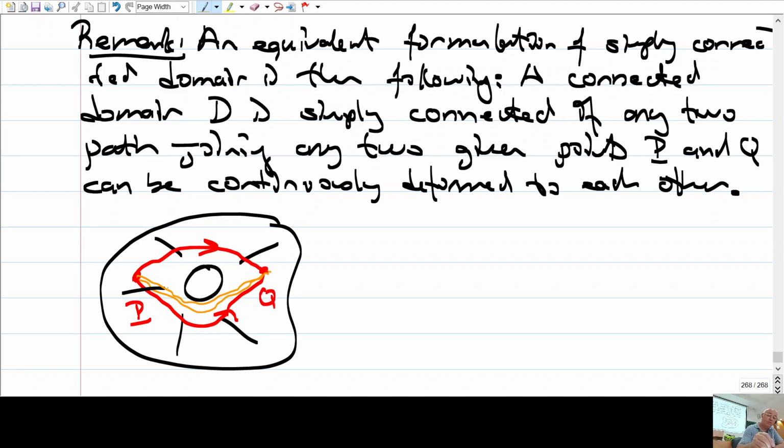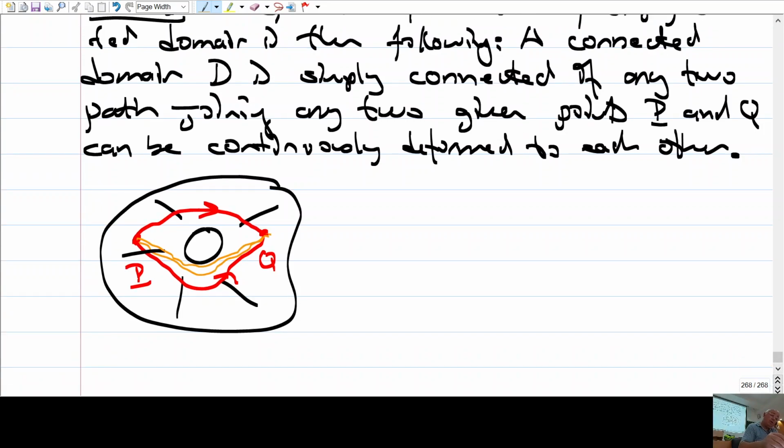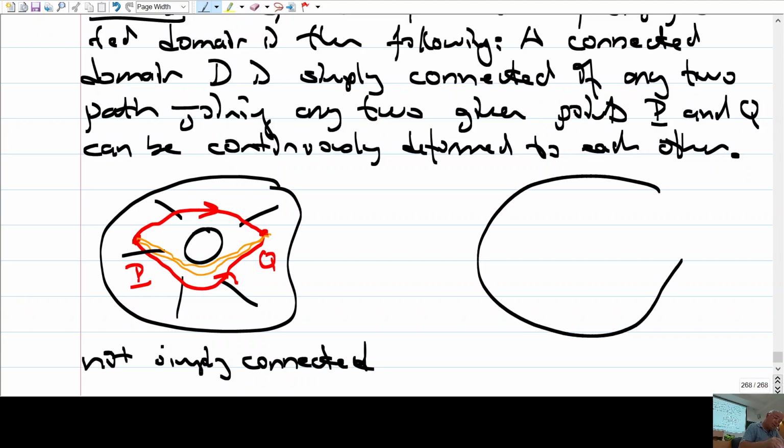The lower part of the path cannot be deformed to the upper part. So this region is not simply connected. This one is simply connected.